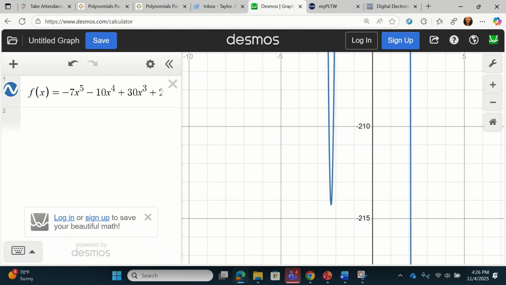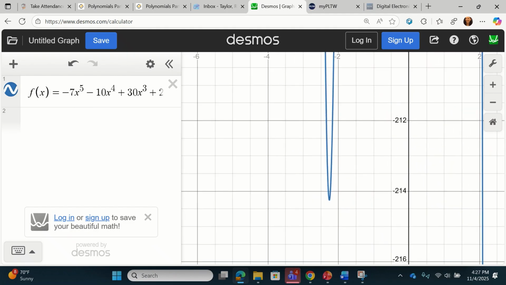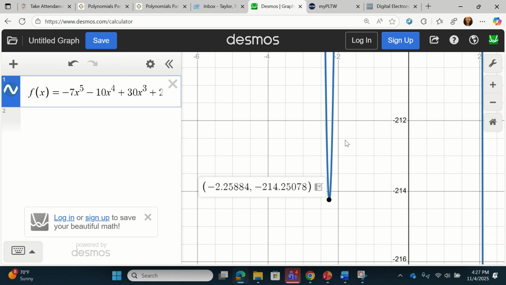Okay, so we can see what's going on and what we were looking at. There's that same point. That's what's called a relative minimum, meaning it's lower than the other points on the graph. So if I trace it, you can tell we're going down, down, down, and that's the lowest point, and it turns around and goes up. But it's not the lowest point on the whole graph.